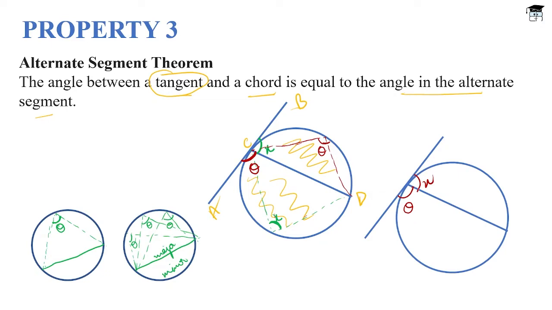Can we say that theta plus x is equal to 180 degrees? Yes, because on a straight line, this whole angle will be equal to 180 degrees. So theta plus x is equal to 180 degrees. Right? Understood to you all?